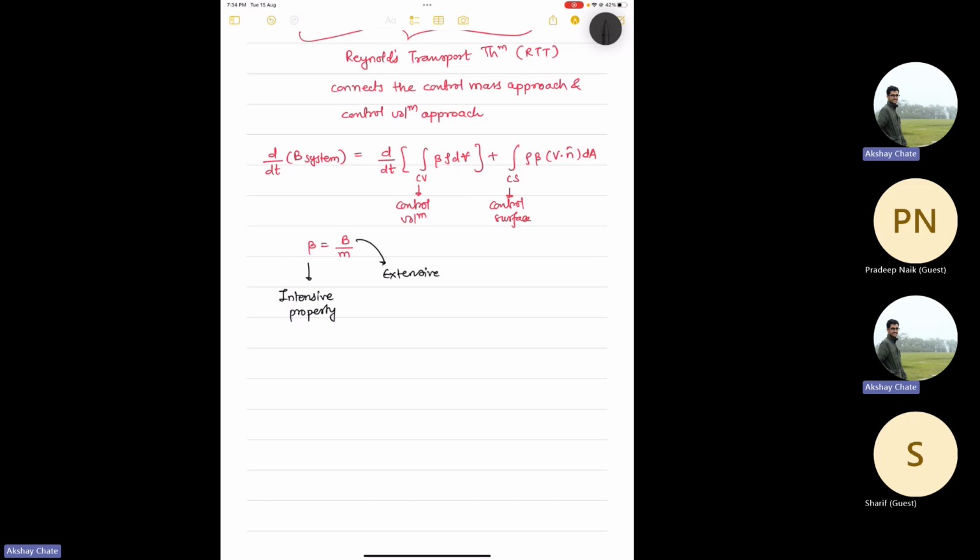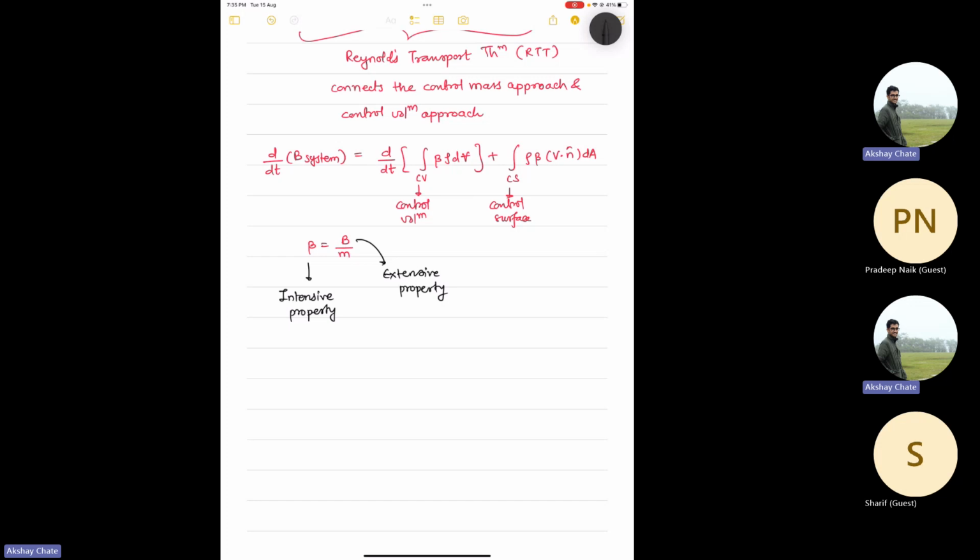So before we go into the RTT, I would like to explain what intensive and extensive properties are, because this question is asked in GATE, and I think in thermodynamics also you see this. It's not related only to fluid mechanics; you come across this term in thermodynamics also.